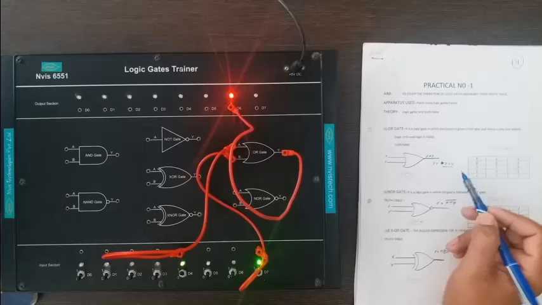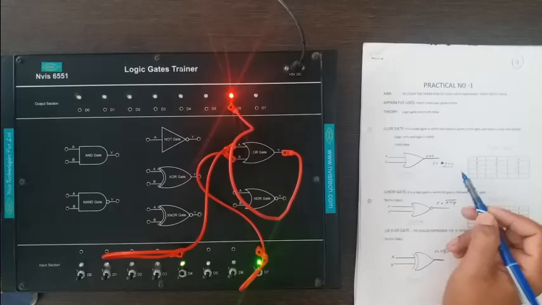Now next one is your XNOR gate. What is XNOR gate? XNOR gate is XOR gate followed by NOT gate. You can see here the bubble sign. This bubble sign indicates that you are using NOT gate here.